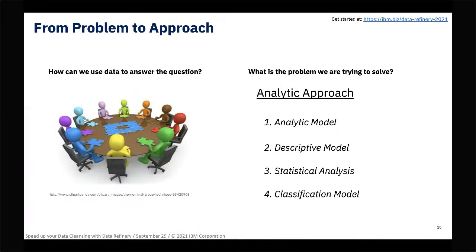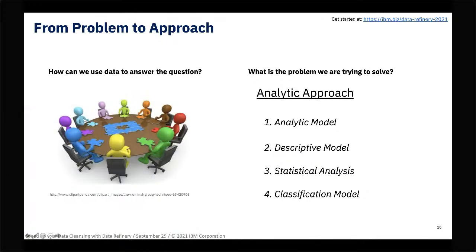And once a strong understanding is established, we can proceed to answer the question of how we can use data to solve whatever the question is that we were looking to answer. Now, for that, we need to choose an analytical approach in order to identify what different types of patterns will be needed to address the question. And we need to decide which one to go for.